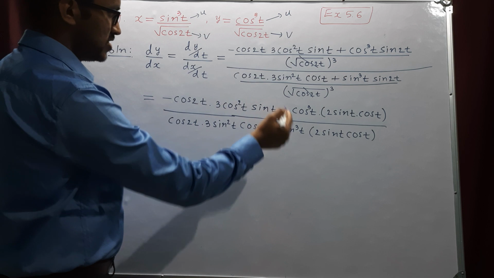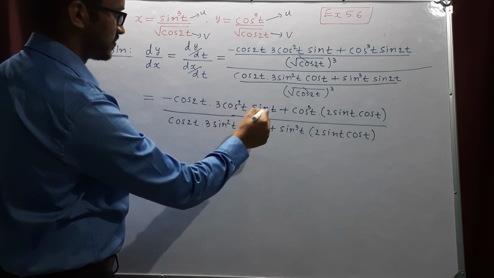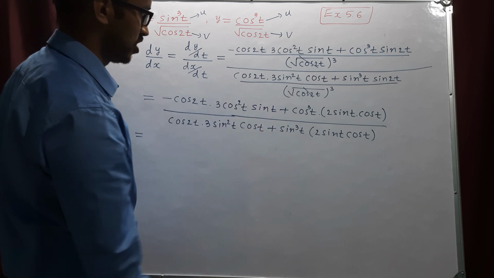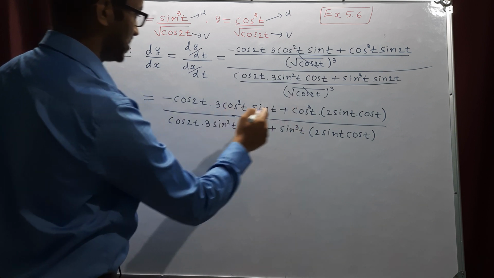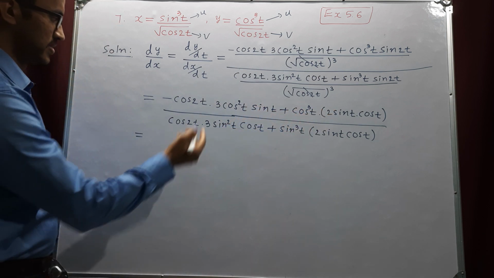So if we see the numerator, from numerator we can take cos square t sin t as common. From both the terms we can take cos square t as well as sin t as common.